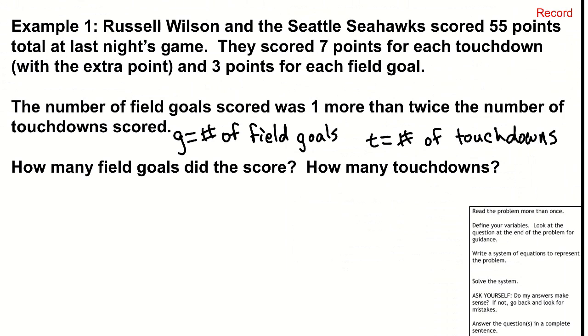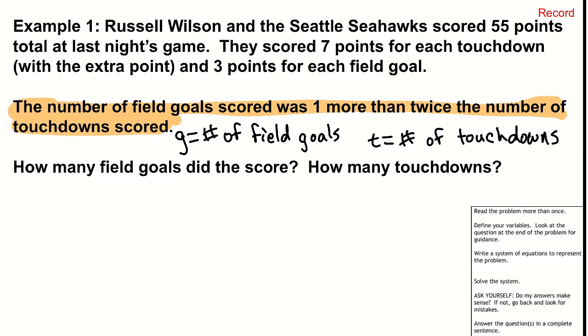All right, so we're going to need a couple equations here. I'm going to use this one first. Okay, so we're going to write an equation for that one. I think it's easier. The number of field goals scored was. That "was" often means equals. And it's true in this situation.